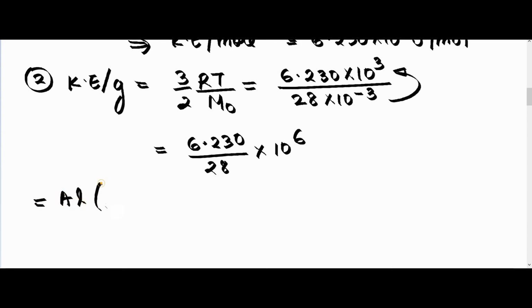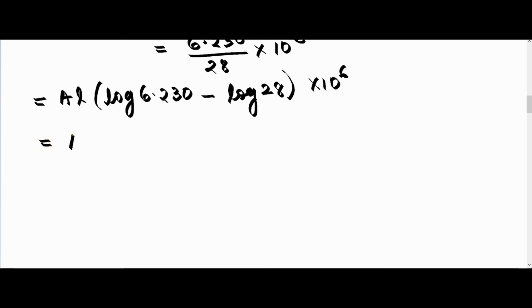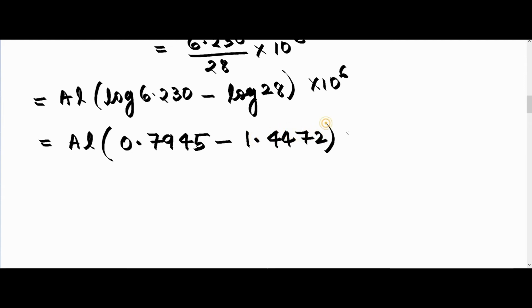So antilog of log 6.230 minus log of 28 into 10 raised to 6, which is equal to antilog of the characteristic of 6.230, which is 0, and its mantissa is .7945, minus, for 28 the characteristic is 1 and .4472, into 10 raised to 6.